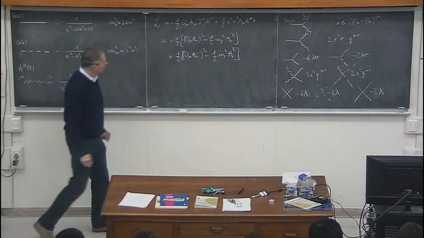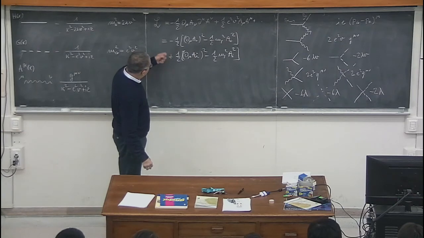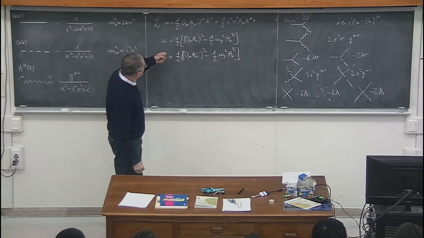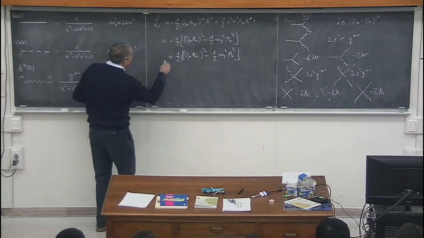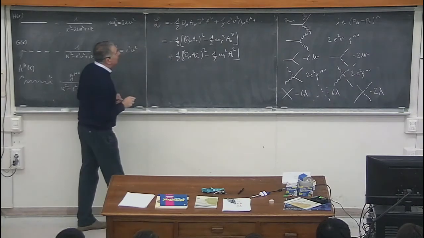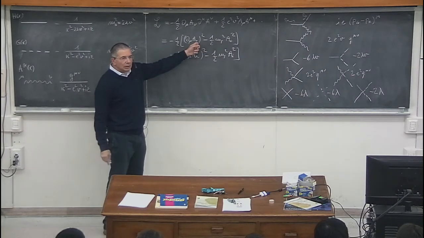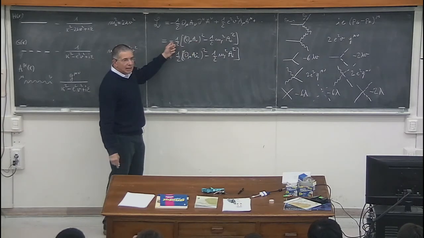Okay? So these are four Lagrangians for four distinct scalar fields, with the only difference that this component, the zero component of the vector field, has a minus sign in front of it.